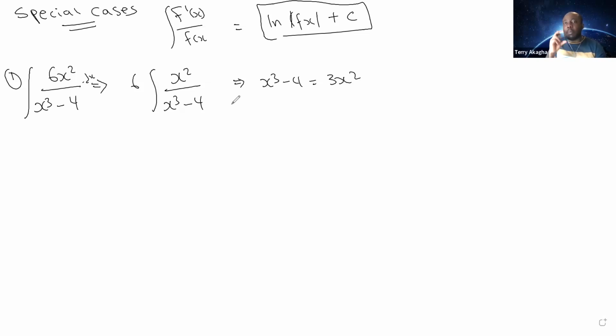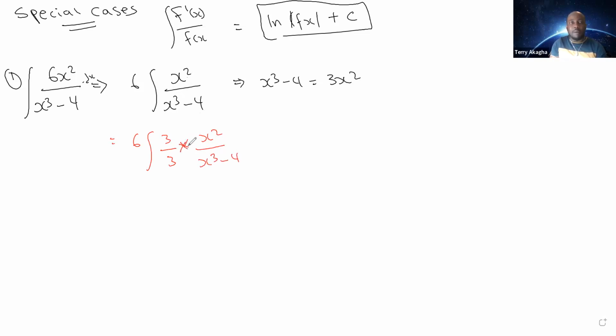We need to play around with the fraction such that when we differentiate the denominator, it gives exactly the numerator. So in this case, I'm going to multiply the top and the bottom by 3. That means I'm integrating 6 times 3 over 3 multiplied by x squared over x cubed minus 4.